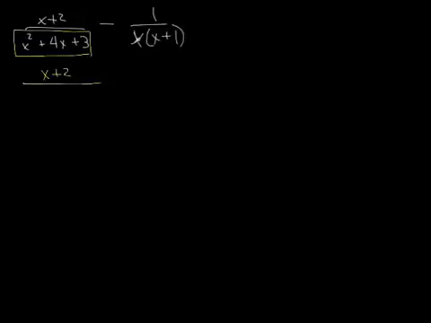So what I'm going to do is I'm going to see if there are two numbers added or subtracted that are multiplied together give me 3 and added give me 4. And of course the only option is a 3 and a 1, because 3 times 1 is 3. 3 plus 1 is 4. So I can rewrite that just like that. And then I've got 1 over x times x plus 1.